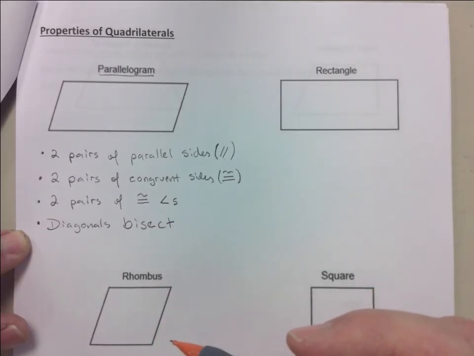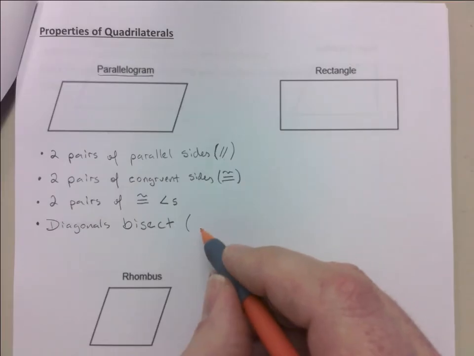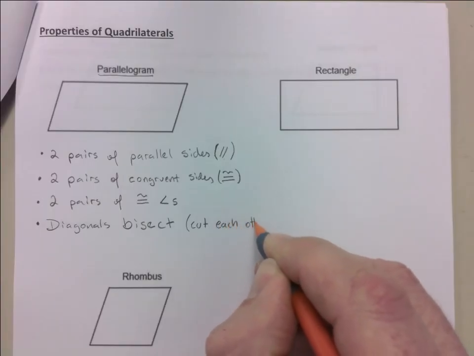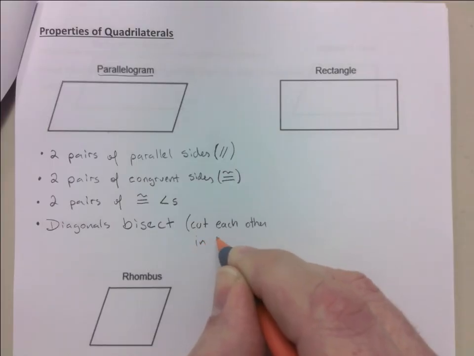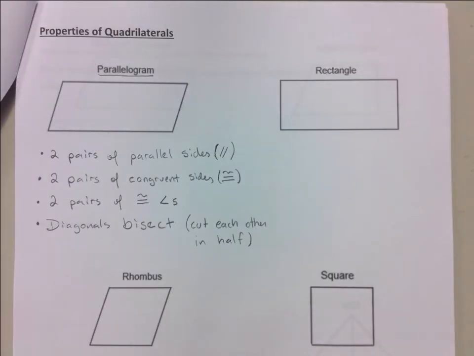Anybody know what that means? Diagonals bisect. They cut each other in half. So you can say, hey, you want to bisect this bill, right? You want to split the bill.